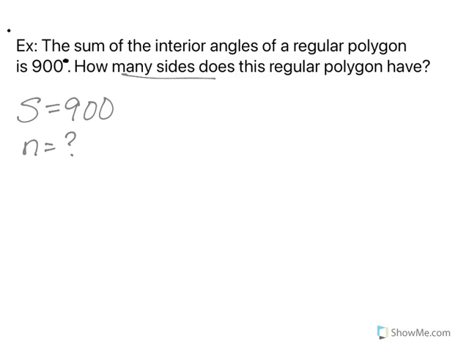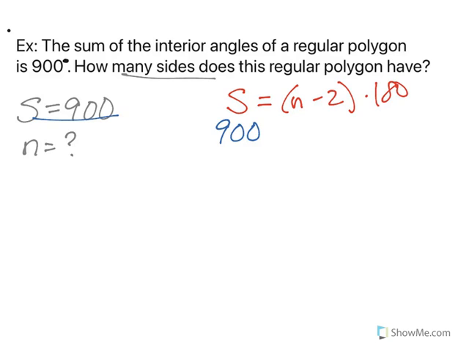We can use the sum formula, n minus 2 times 180, because we know the sum of all of them is 900. So 900 is the same as n minus 2 times 180, and we're going to work backwards. Now, if solving an equation scares you, you can do a guess and check method. There's nothing wrong with that.